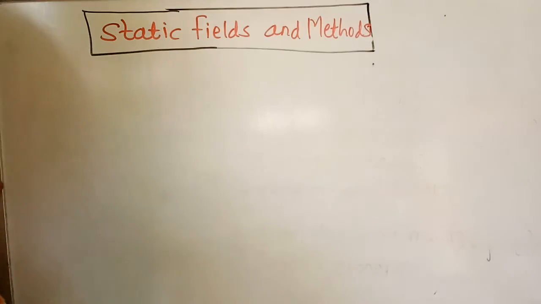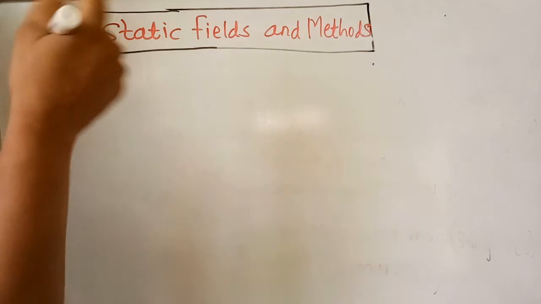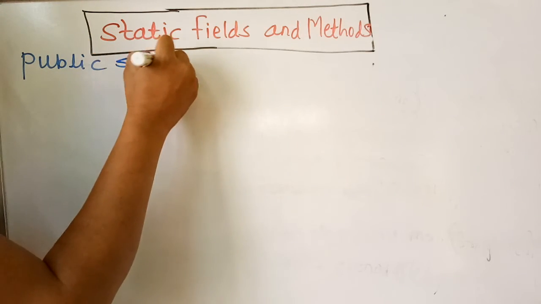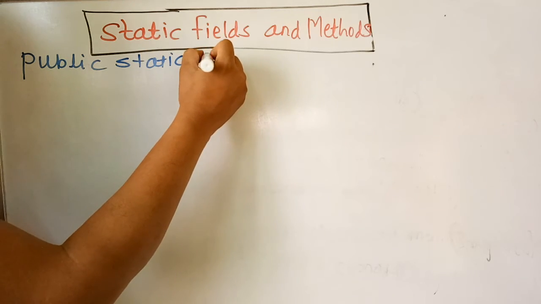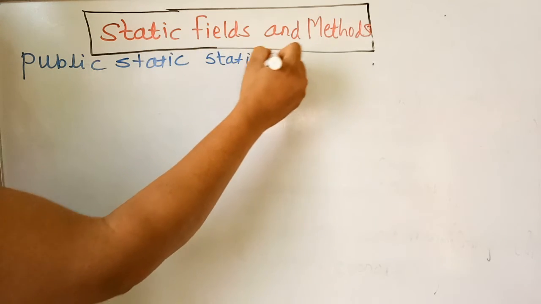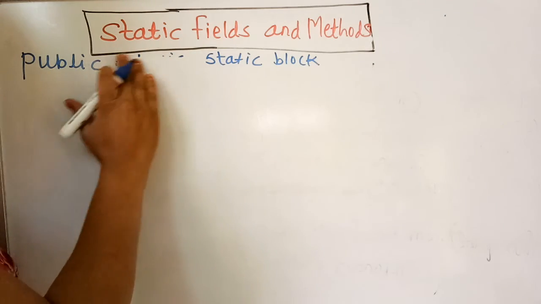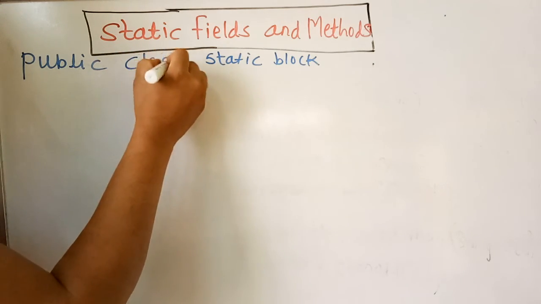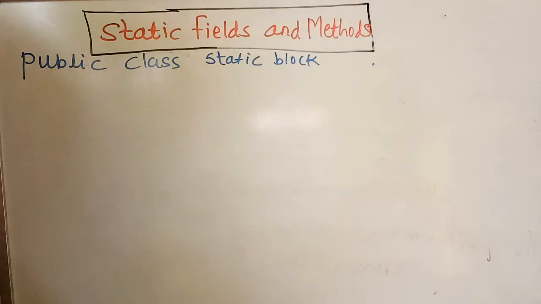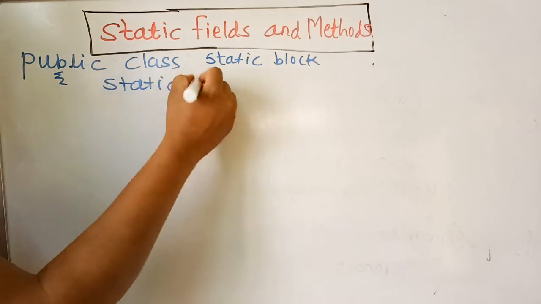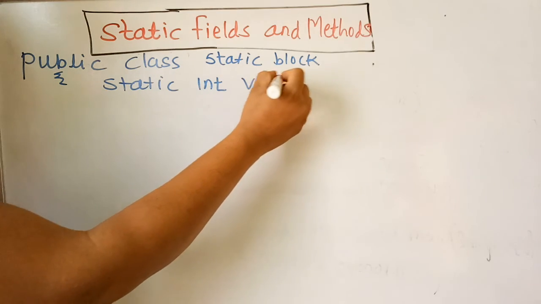For example, there is a public class StaticBlock, and there is one variable, a static integer variable.